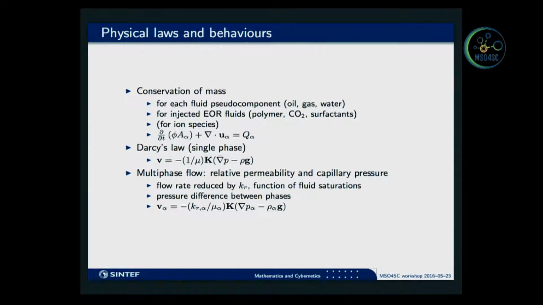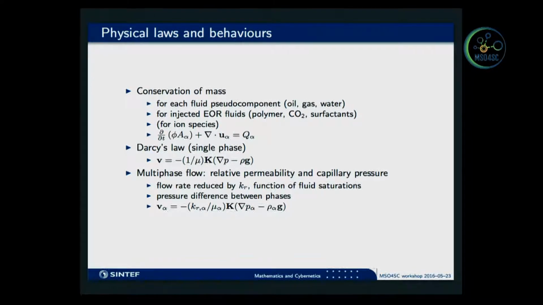For multi-phase flow, we have the concepts of relative permeability and capillary pressure. First of all, the flow rate is reduced due to the presence of other phases. The flow rate of one phase is reduced because the other phases take up room in the pores, so there's less room for one phase to move.